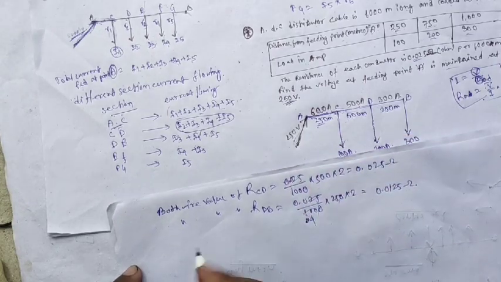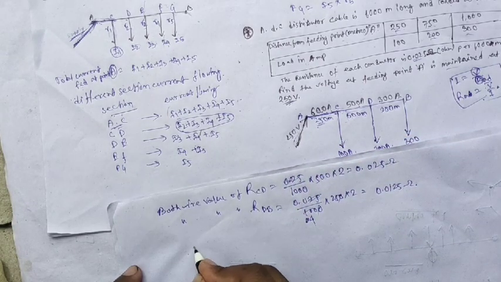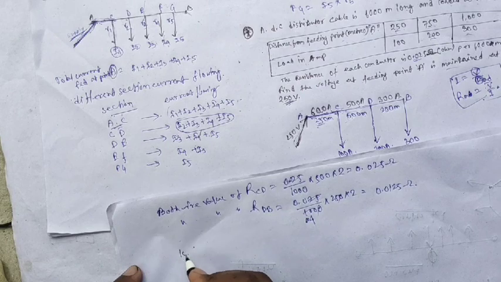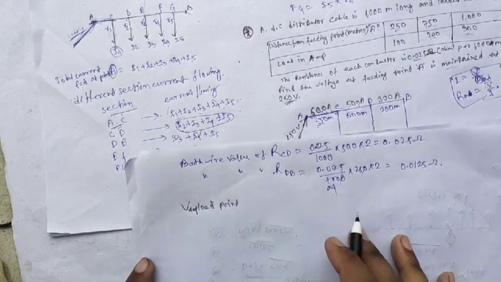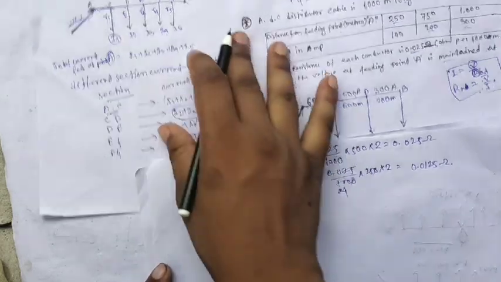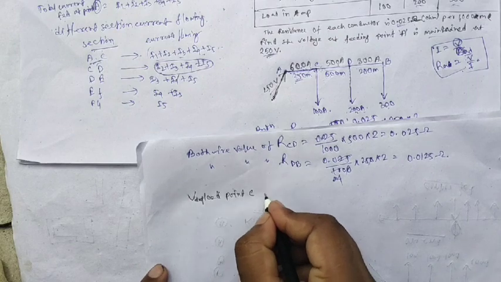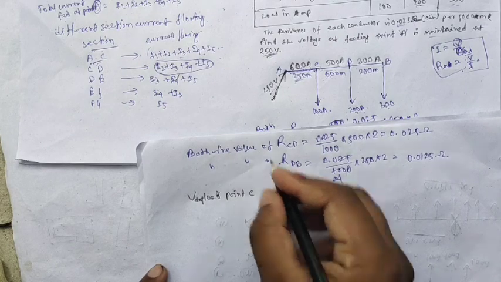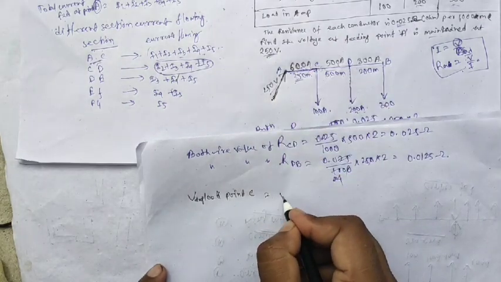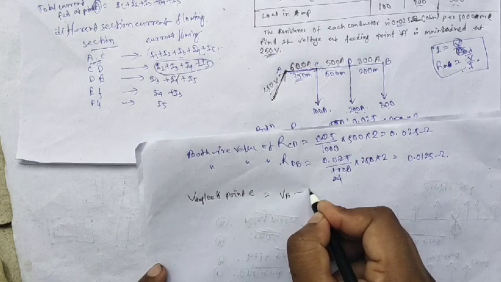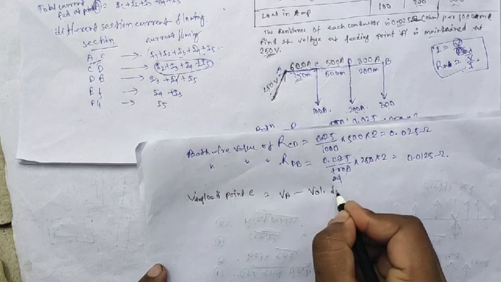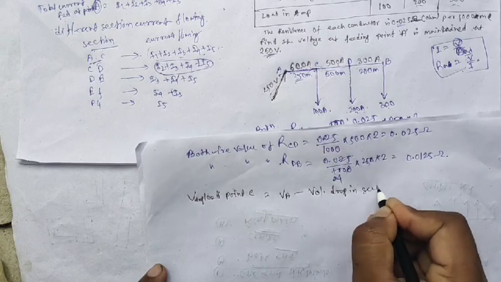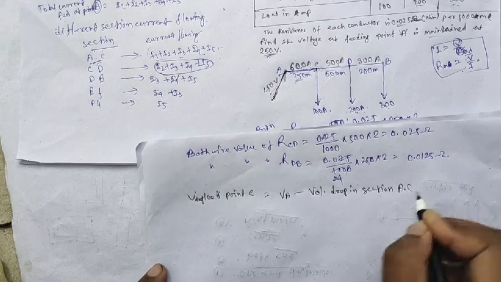So what is the voltage at load point C, and what is the voltage at load point D? This is the supply voltage, suppose VA minus the voltage drop in section AB, the voltage drop in section AC.